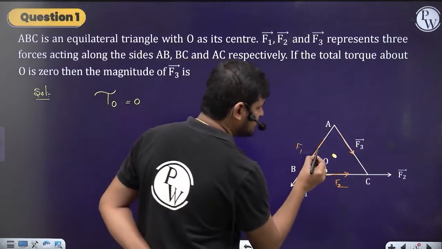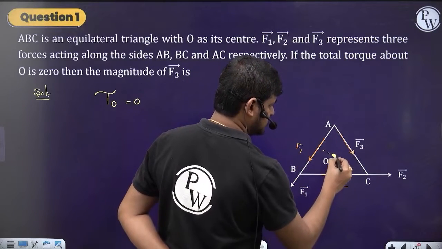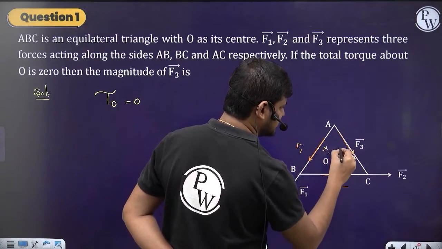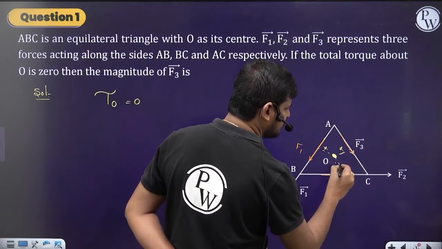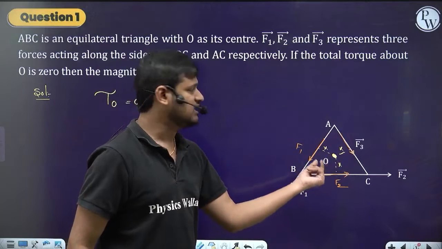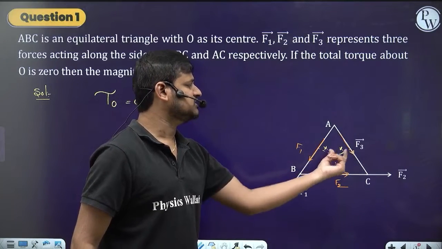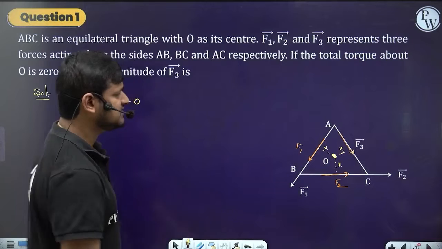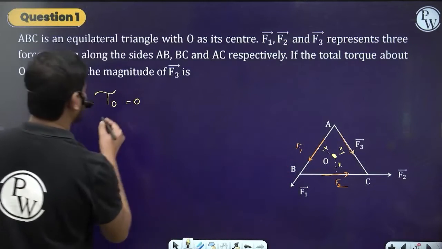Let's suppose the distance of the first force is X. The second also will be X, and the third force also will be X, because O is exactly at the center of the equilateral triangle, so the distance from the center to all the sides will be equal.